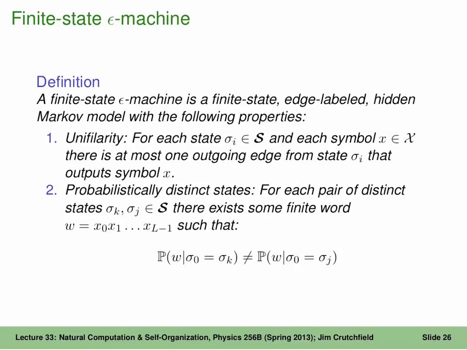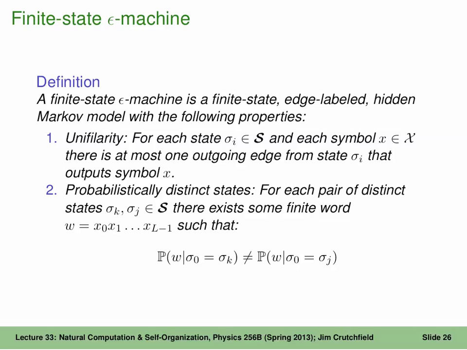Okay. So a finite state epsilon machine has additional restrictions on it. It is a finite state edge-labeled hidden Markov model, but it requires unifilarity. And just a reminder, for each state and each symbol, there's at most one outgoing edge that has output symbol X. And this turns out to be absolutely critical for what I'm doing and why I can do it analytically, because I can then assume a start state, trace through the machine and actually count edges.